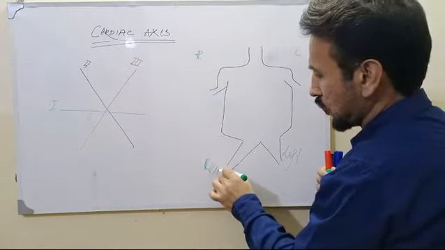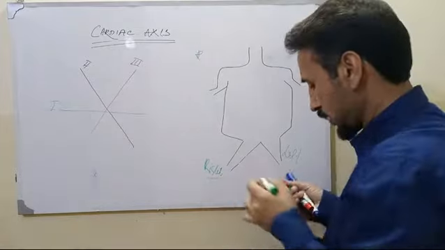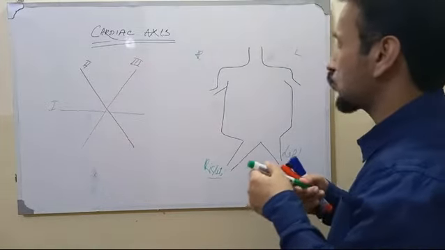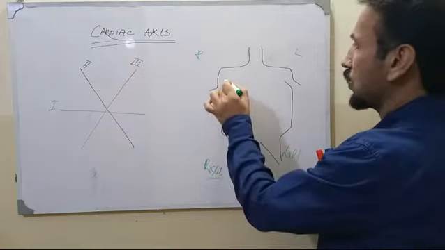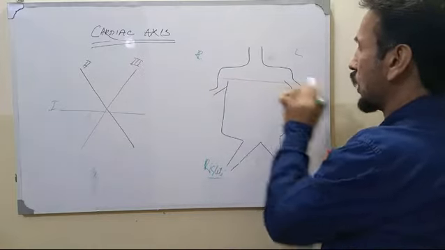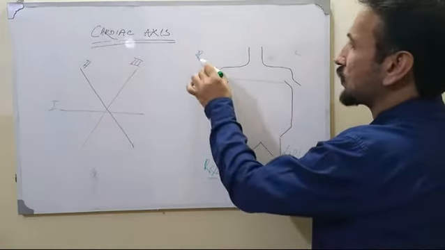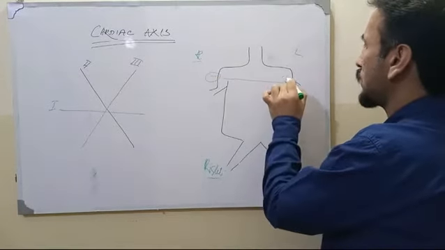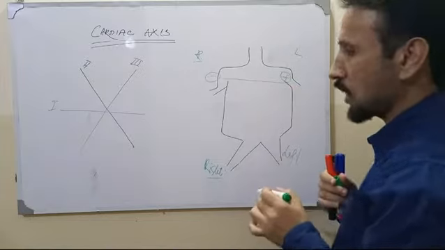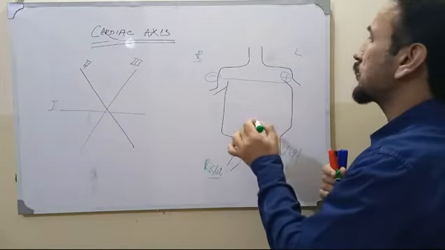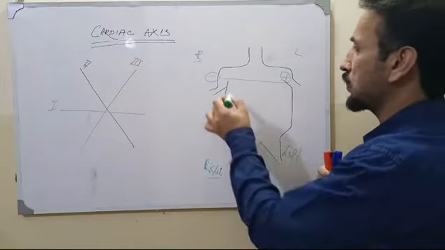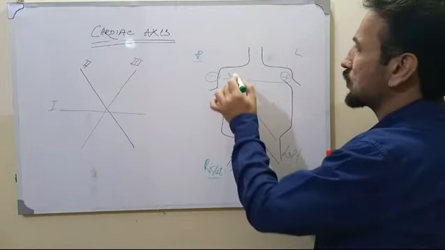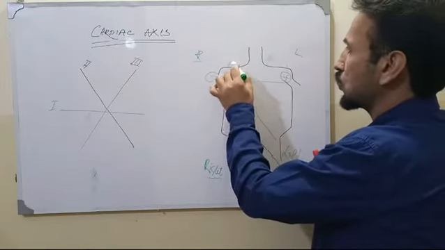First we must understand the first vector, which is lead 1, which moves from the right arm to the left arm. The negative pole is here, and here is the positive pole. The second lead, which is running from the right upper arm to the left lower leg, is lead 2.